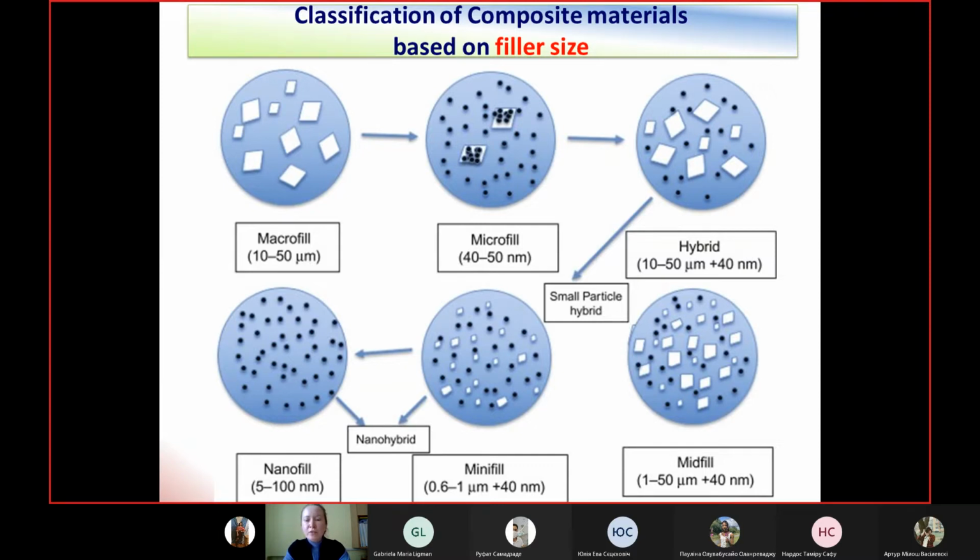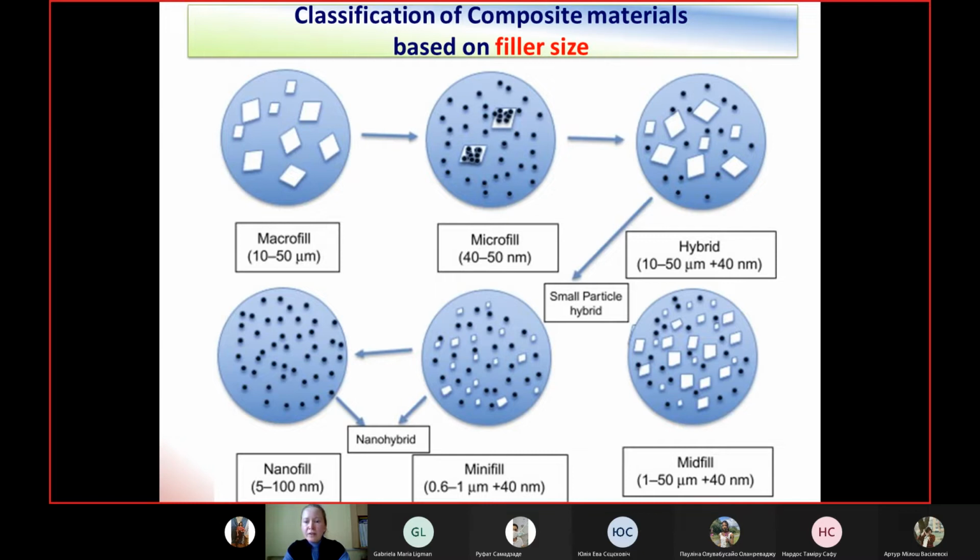Later, microfilled materials were introduced. They possess smaller particles of filler. They are not so strong, but still they are very aesthetic due to their polishing qualities. Hybrid possesses a combination of macro and micro filled components, thus it is a universal use material.